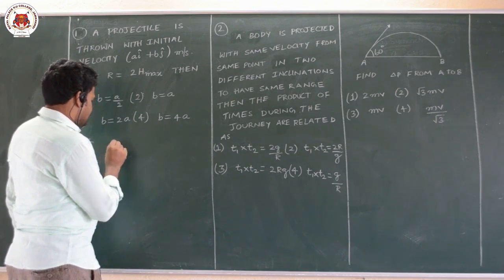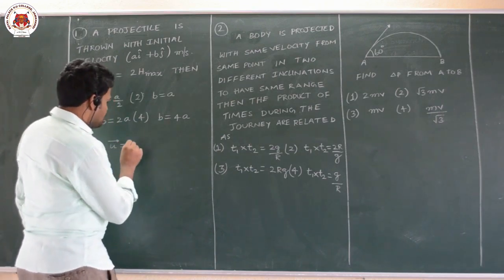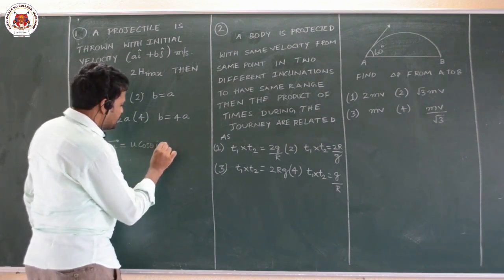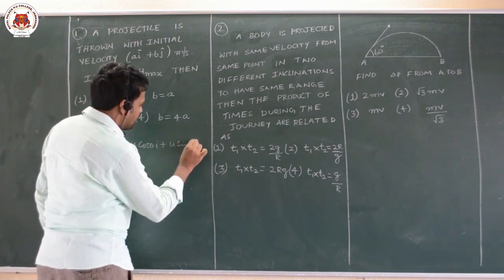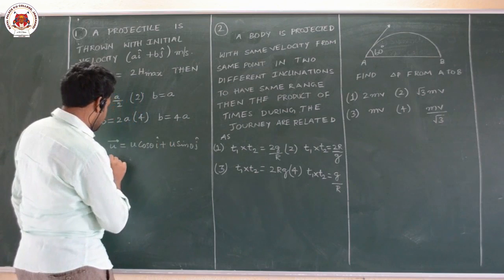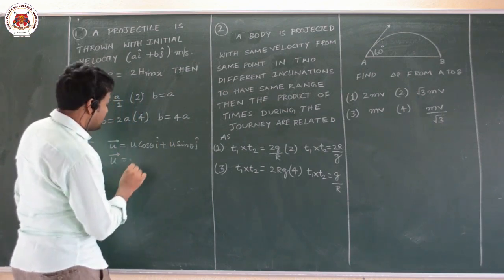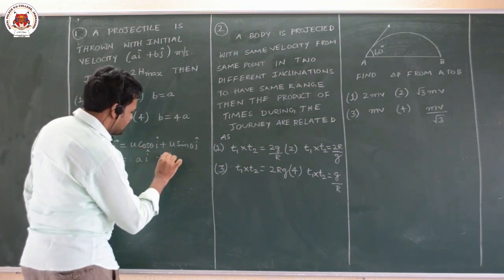So, if you observe our previous video, u bar is equal to u cos theta i cap plus u sin theta j cap. But in this question, what he has given is u bar is equal to ai plus bj.